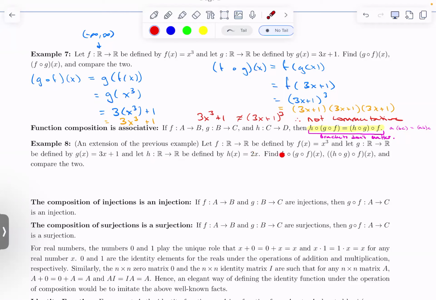Little cutie. Then we're going to find h composed with g composed with f, but the brackets tell me that I have to find g composed with f first and then put it into h. Okay. We already have g composed with f from up here. It's 3x to the 3 plus 1.